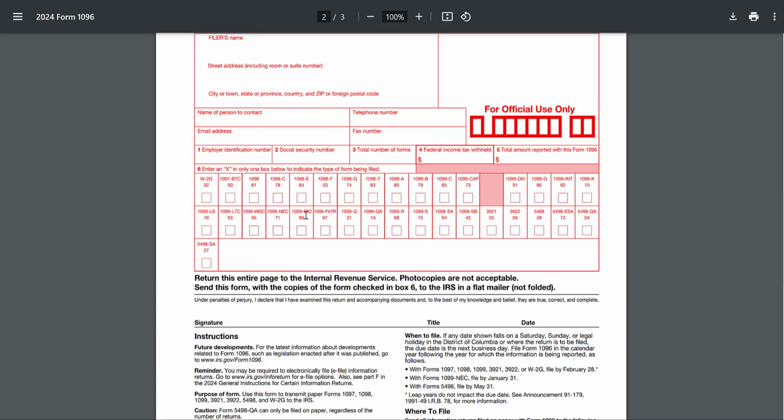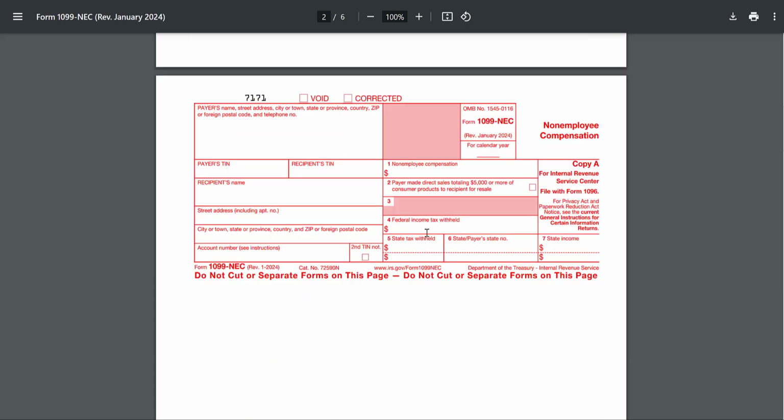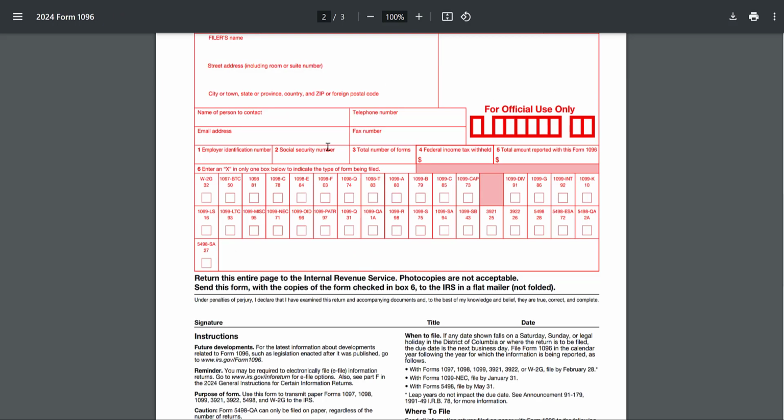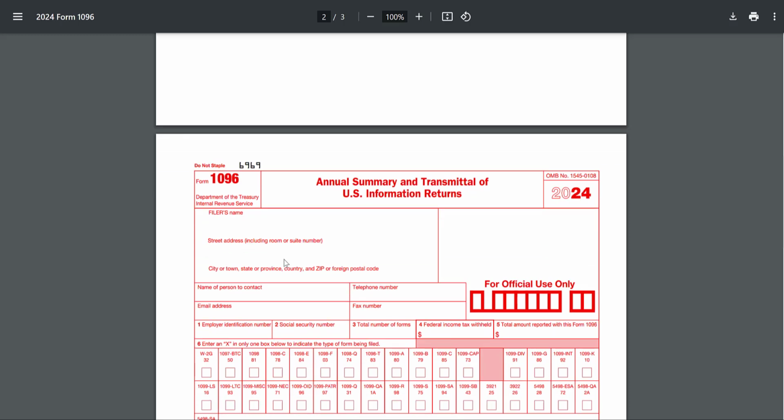So if you are paper filing 1099 NECs, which I don't necessarily recommend, but if you're going to mail in these 1099 NECs, you may be required to, for correction purposes, that kind of thing, you are going to include Copy A here, okay? And then you're going to include one Form 1096 with all the 1099s, okay?